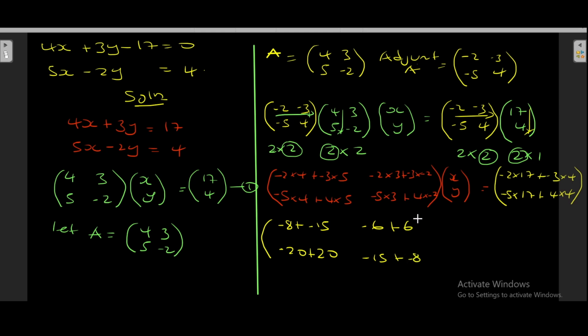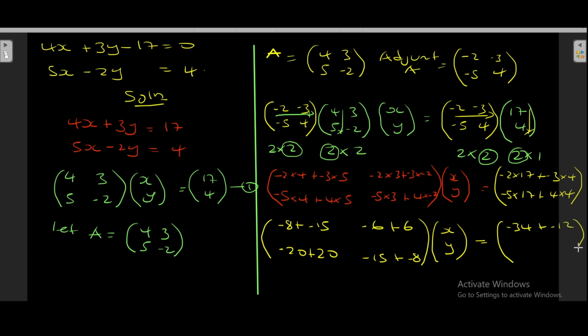Negative 8, cross the bracket, and this is x and y, is equal to, here if we multiply, we have negative 2 times 17, which is going to give us negative 34, plus negative 3 times 4, which gives us negative 12.